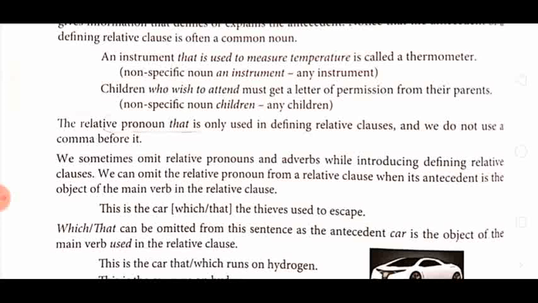Generally we write: this is the car that the thieves used to escape. But here we can omit that or which. Why? Because the antecedent car is the object of the verb used. What did the thieves use? The car. So it is the object of the verb used in the relative clause.